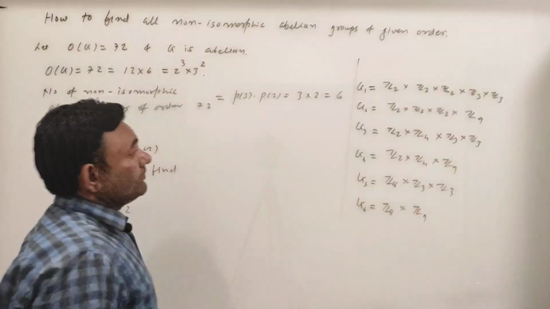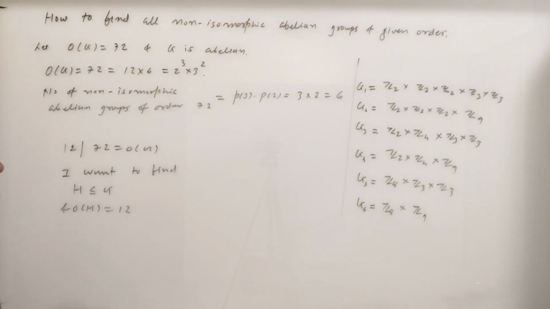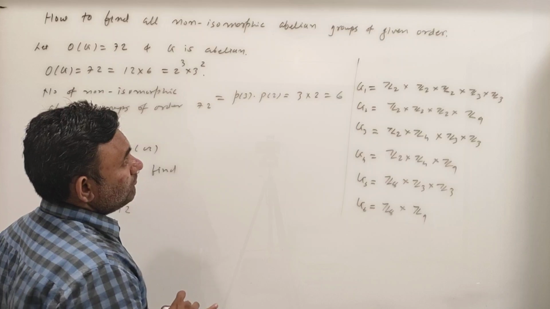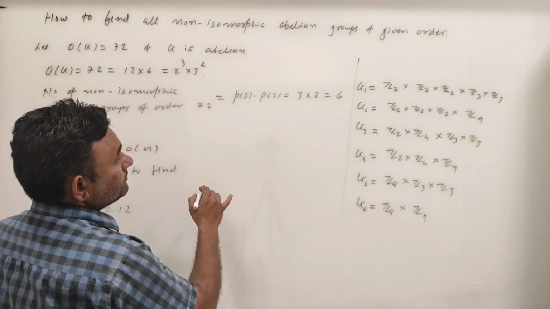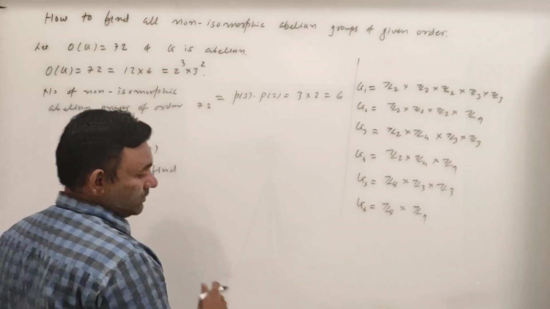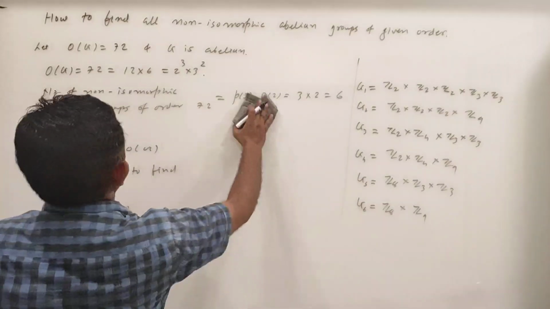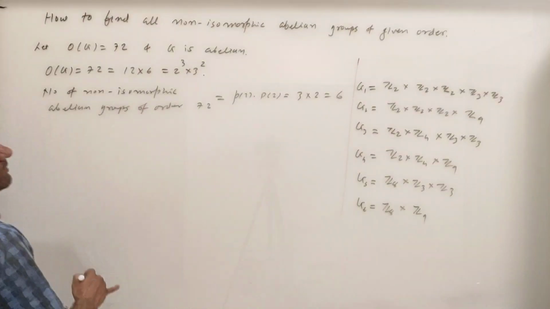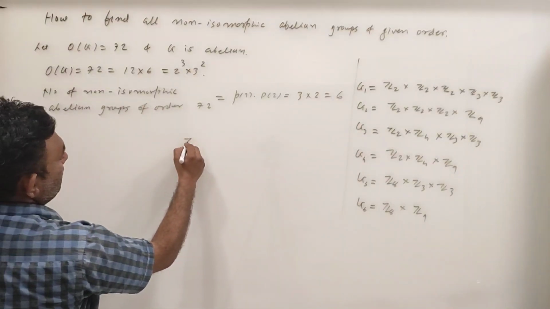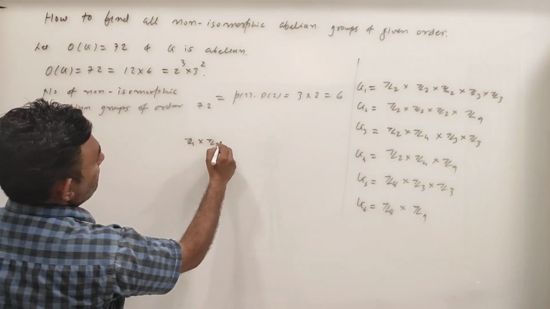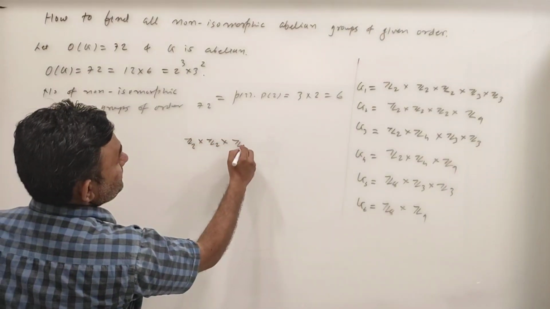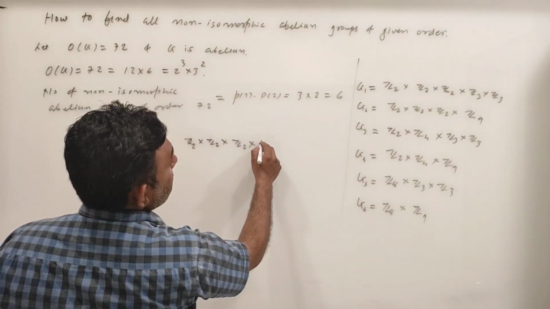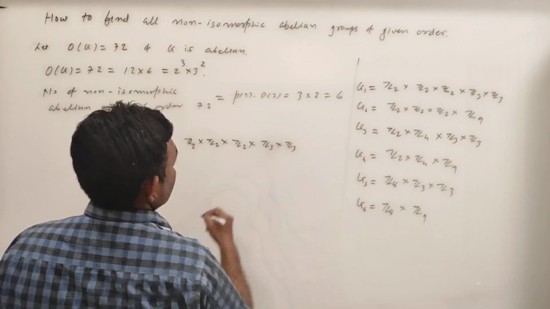From here, what you consider, 12 ऑर्डर का चाहिए, right. So let me remove this thing. Z1 cross Z2 cross Z2 cross Z2 cross 3 times Z2, then Z3 cross Z3.